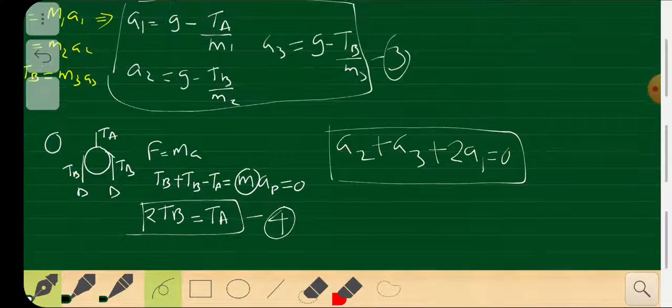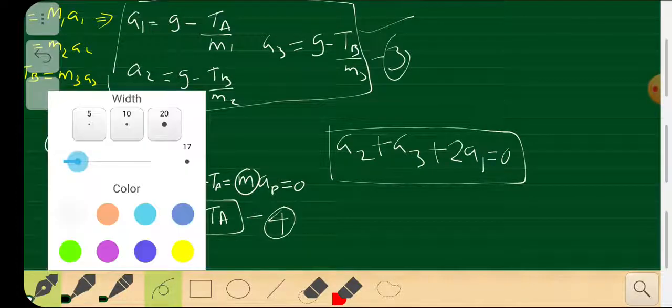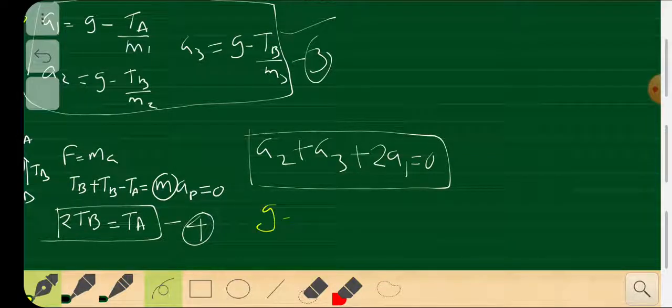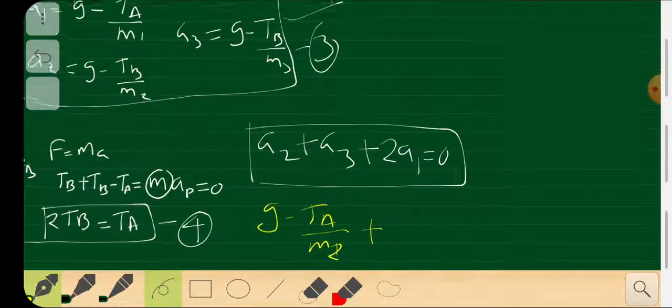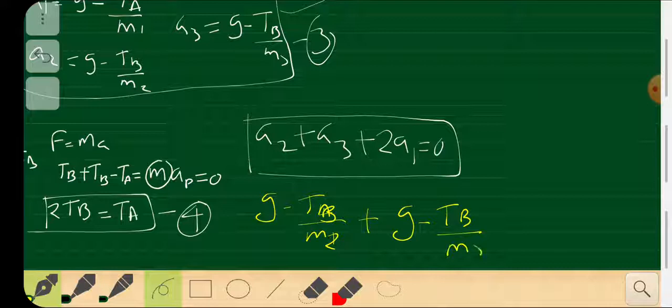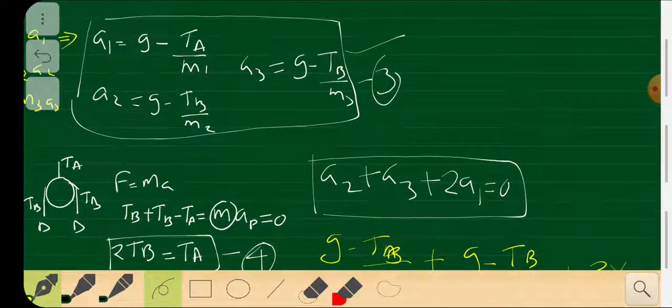So you get g minus TB by m2 for a2, plus a3, which is g minus TB by m3, plus 2 times a1, which is g minus TA by m1.